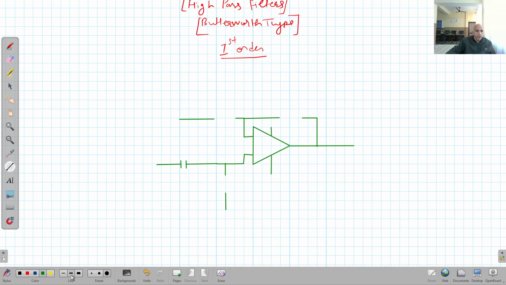And here we will have this resistor. This is again a resistor, RF, the feedback resistor, and R1.